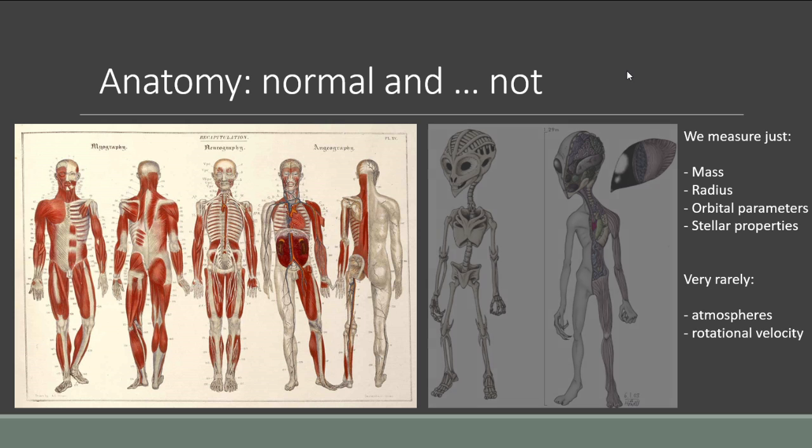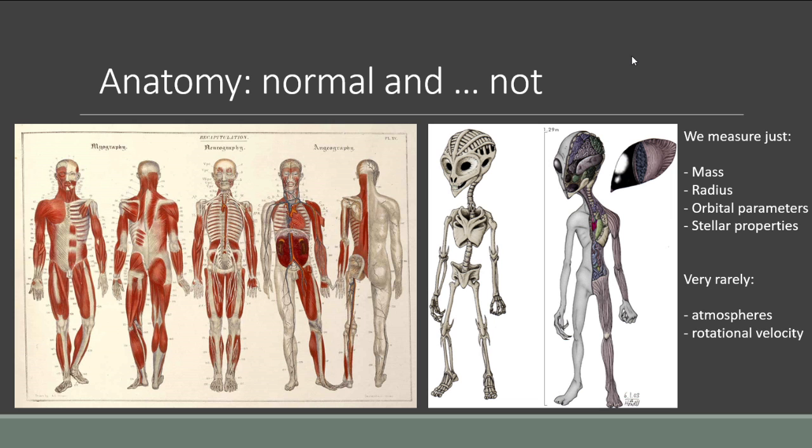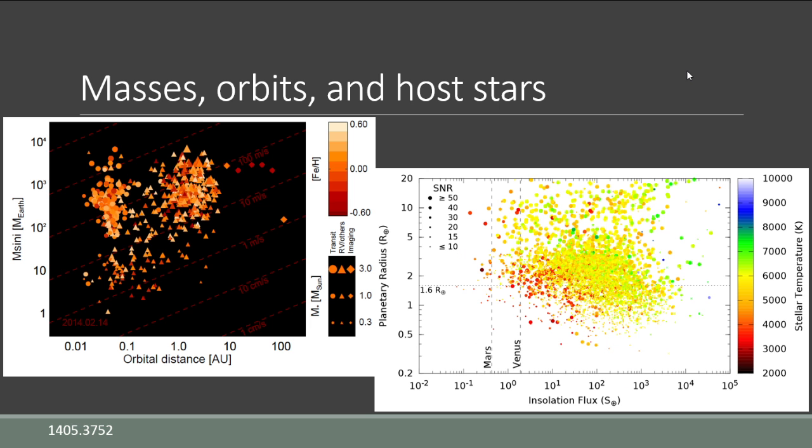But now we want to make another step and look at, say, non-normal anatomy. For exoplanets, again, we're back in, I don't know, the 12th century. We can just measure masses and radii of these planets, orbital parameters, that's it. And we have to reconstruct their internal properties starting from this not very abundant data.